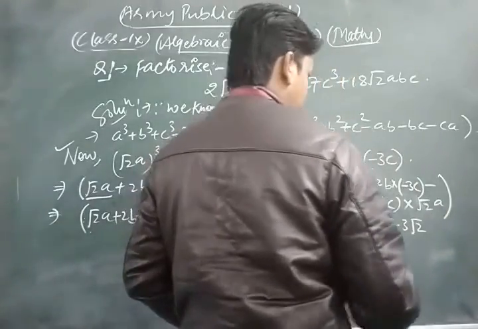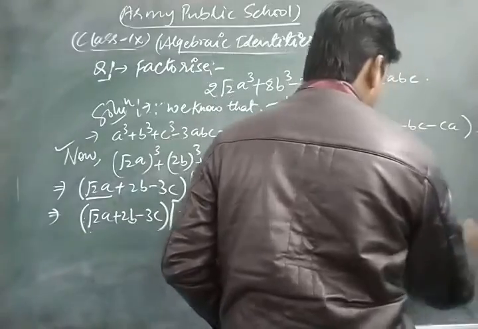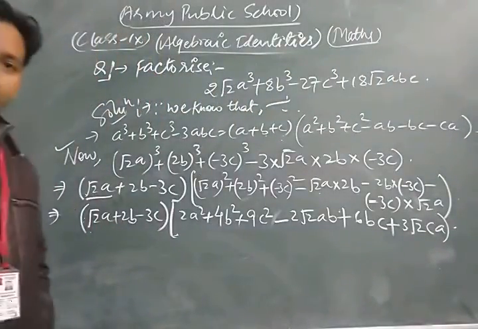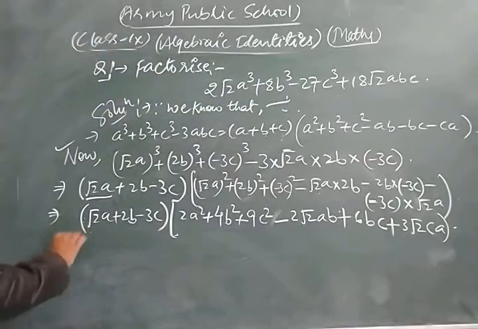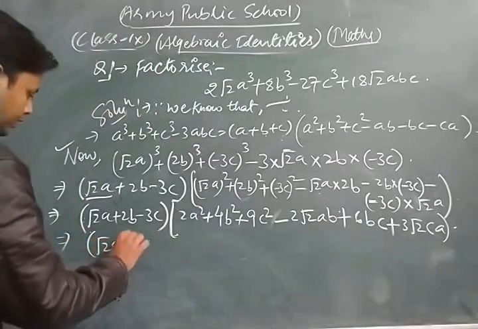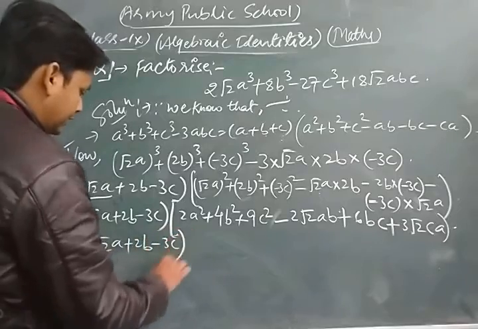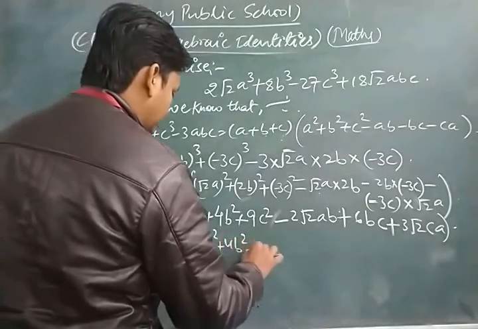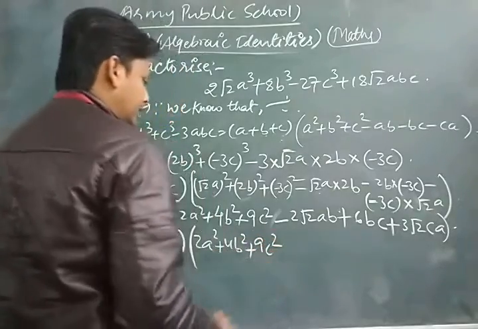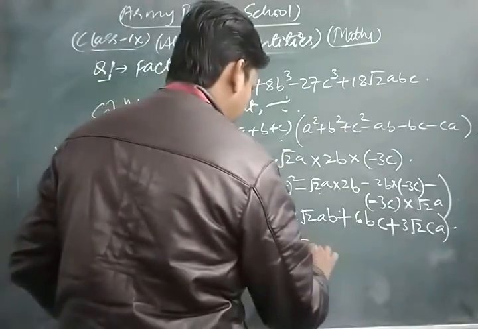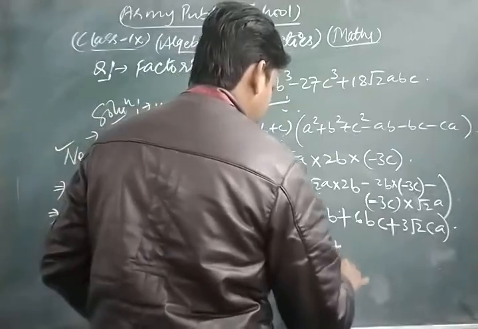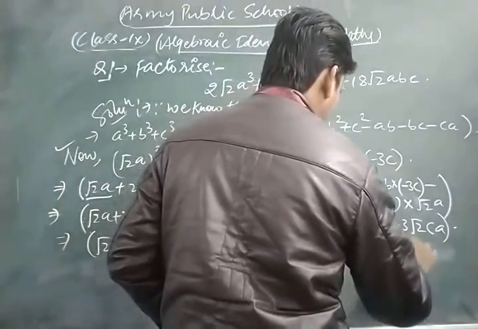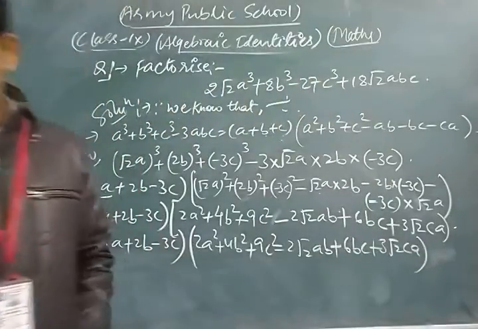We can write it as the first bracket under root 2 a plus 2b minus 3c. Now in the next bracket: 2a square plus 4b square plus 9c square minus 2 under root 2 ab plus 6bc plus 3 under root 2 ca.